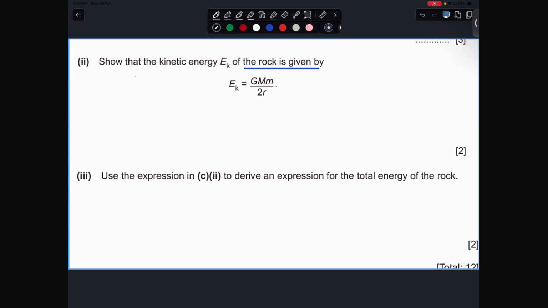I think that will be better. What we derived a little earlier was GM by r, so v square equals to root GM by r. All right.